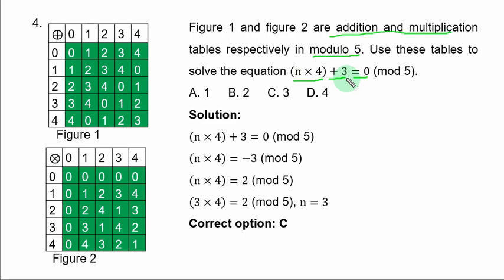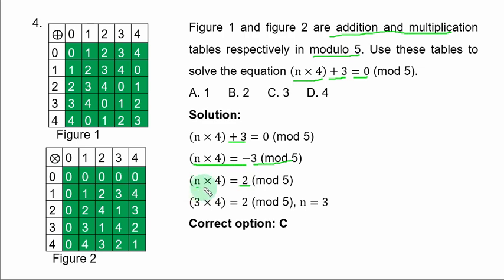That might not be easy to get, but let's try and solve it as an equation. So let's transfer plus 3 to the right hand side. You have n times 4 equal to minus 3 modulo 5. And modulo 5 has 5 elements, 0 to 4. There is no minus, so I have to convert this to positive by simply adding 5 to minus 3, and that gives 2. In other words, in modulo 5, minus 3 is equivalent to 2.